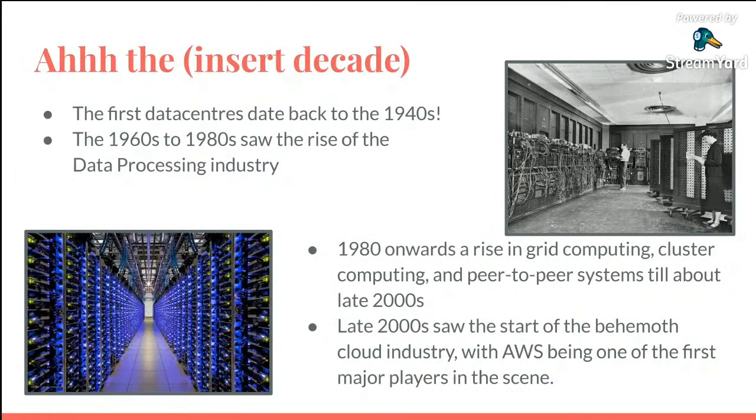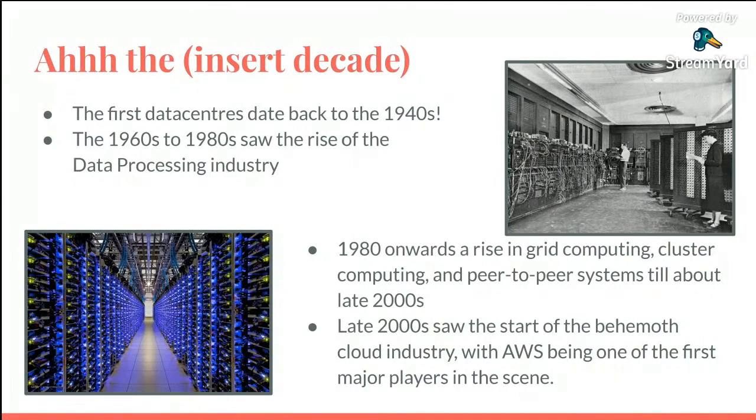And the first data centers started appearing now. So these are mainly those vacuum tubes, punch hole sort of computers back then, the mainframe ones. And these were meant for scientific research, and slowly it transitioned into what we see as the data processing industry.